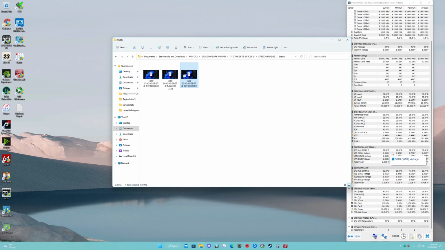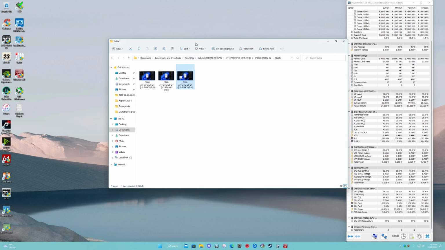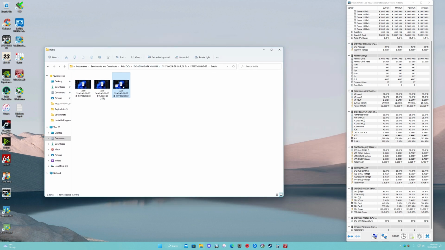Is that safe? We're talking about a slightly slower profile that requires 150 millivolts more voltage on both rails. 150.